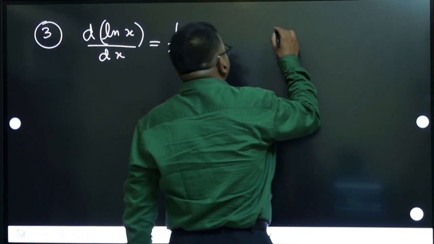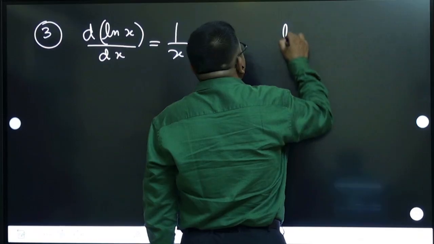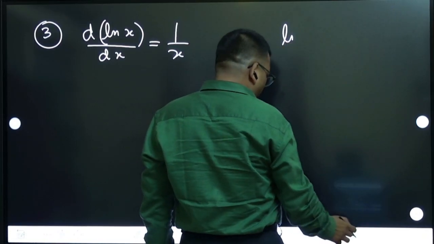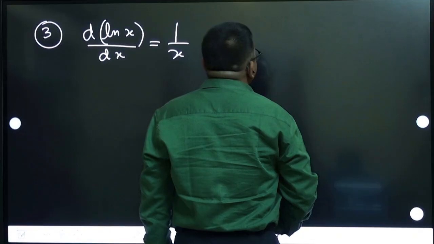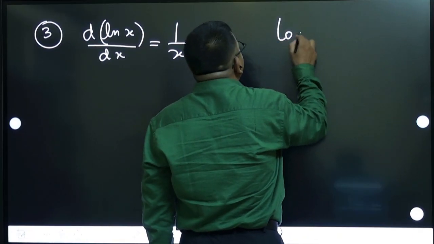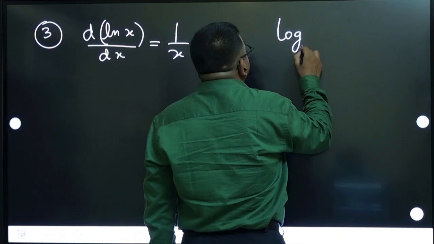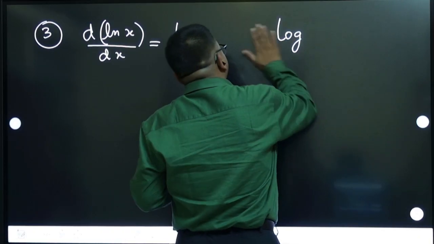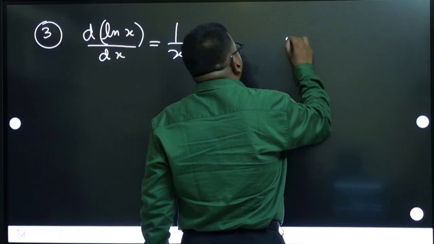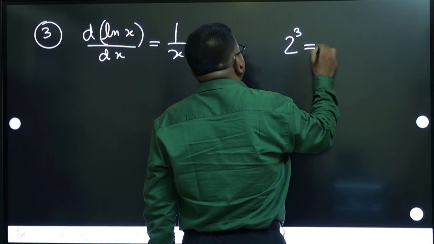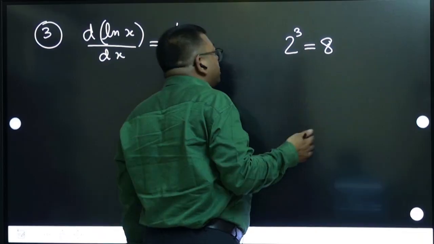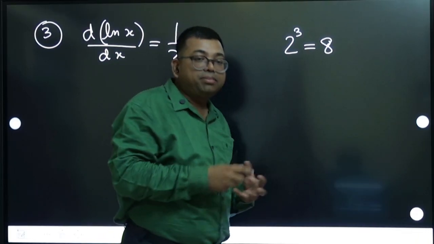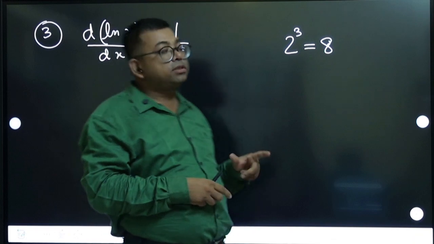So let's try to understand what is ln x, or what is the meaning of log first of all. Let us try to understand it this way: 2 power 3 is 8, right? 2 power 3 is 8. So log is a mathematical tool to express the power.